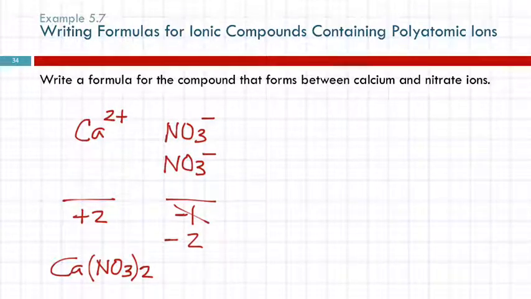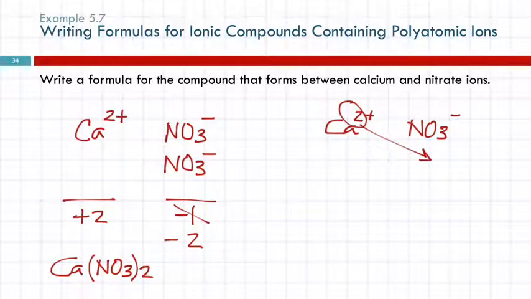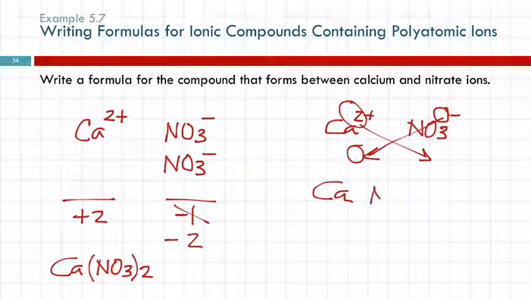The crisscross method, start with the same thing, Ca2 plus, NO3 minus. You take this 2, it's going to become the subscript for the NO3. You take this unwritten 1, that becomes the subscript for the calcium. So Ca, NO3, I need parentheses, and a 2 on the outside.